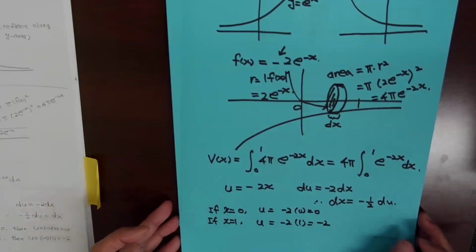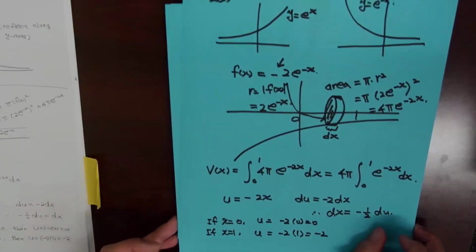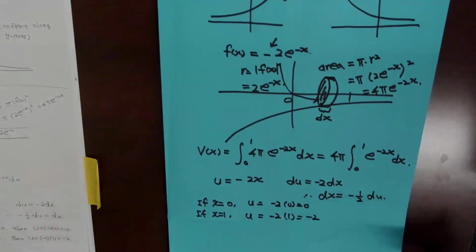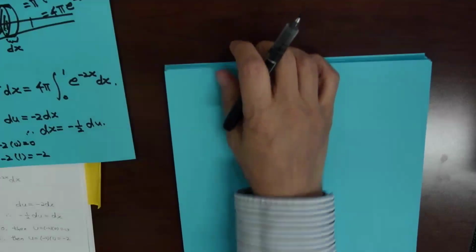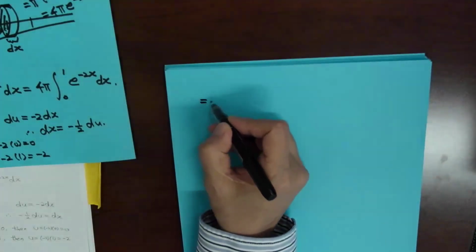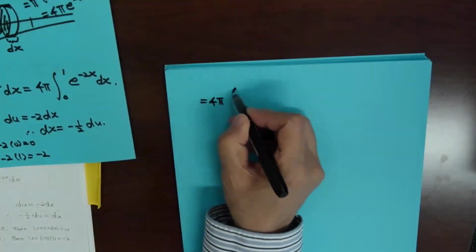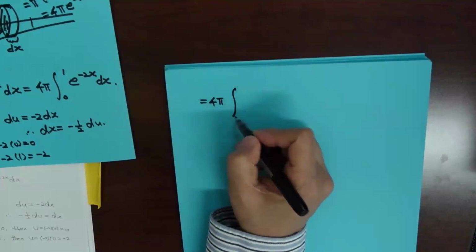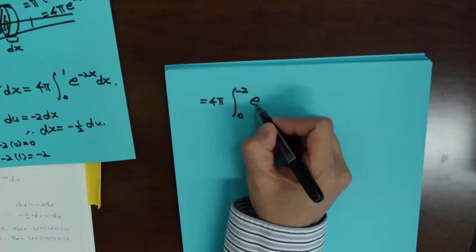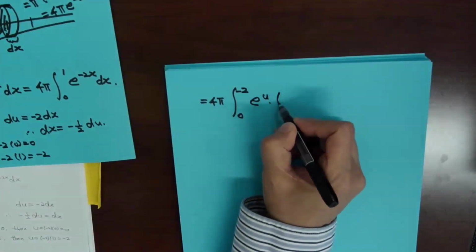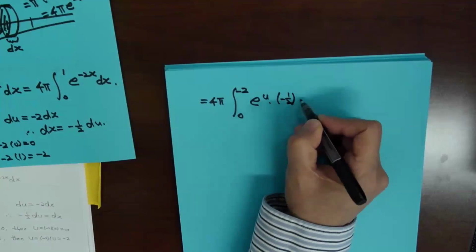So we are doing a change of variable. We will change the upper bound and lower bound to 0 to negative 2, and e to the u times negative 1 over 2 du.